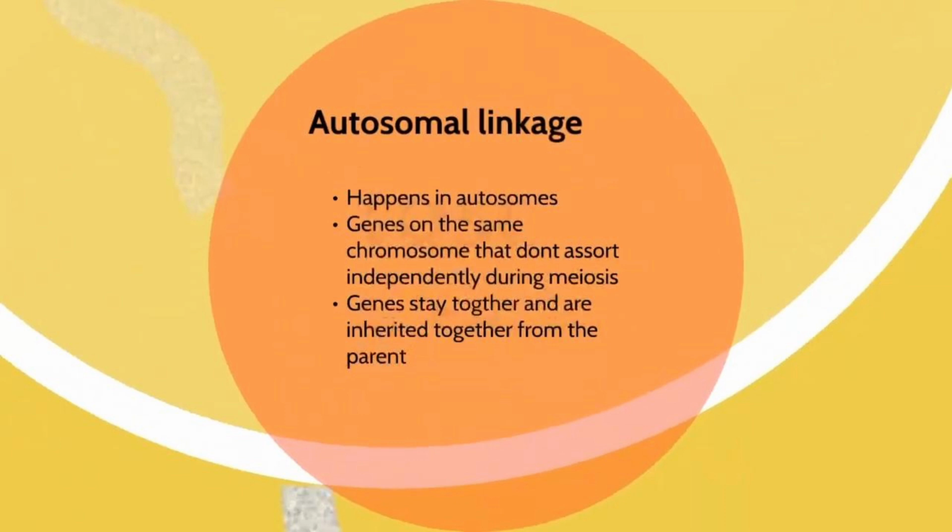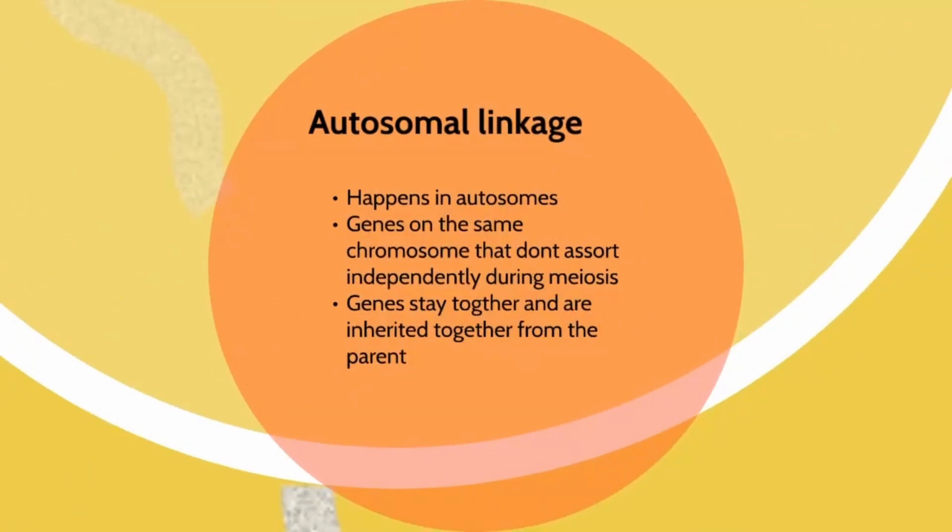So in this case, the genes stay together and are then inherited together from the parent. So for example, you could have eye colour and height on one chromosome and it's likely that if you inherit your brown eyes from your mum, you're also inheriting her shortness as well. So it's things like that, and that is what autosomal linkage is.